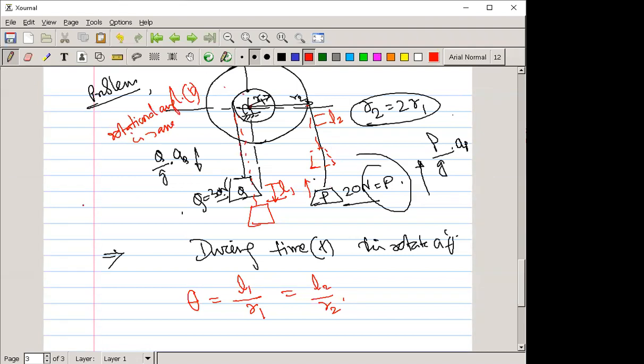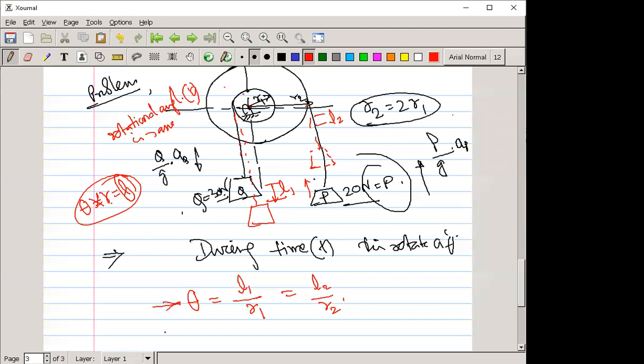Because theta is the amount they rotate. So theta into R is L: the amount of rotation into the radius is equal to the length of the rope. So we get this equation.